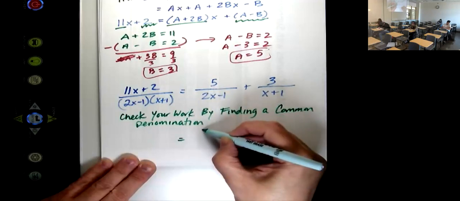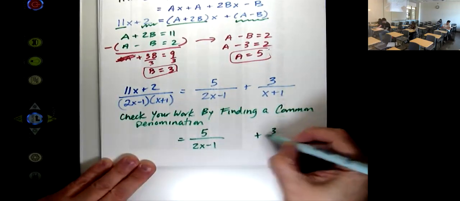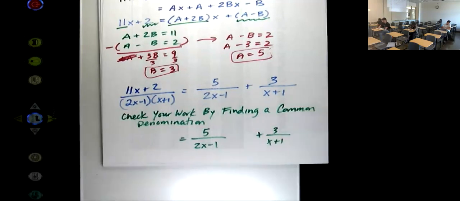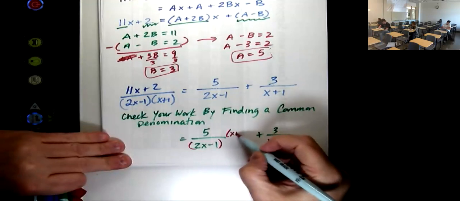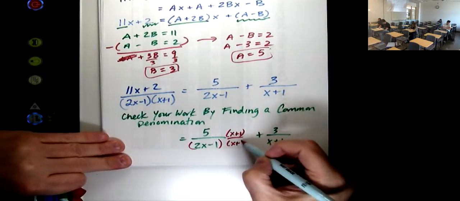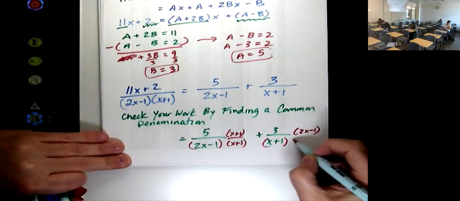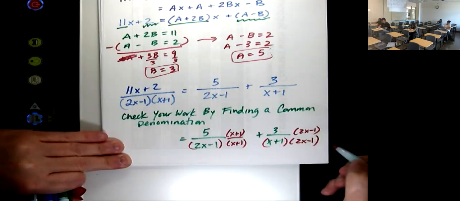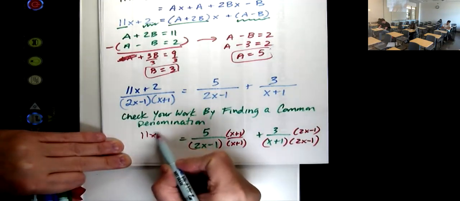In this case, I would have the 5 over 2x minus 1 and the 3 over x plus 1. I would multiply this one by x plus 1 over x plus 1, and this one by 2x minus 1 over 2x minus 1. And I would show that I got 11x plus 2 on top.